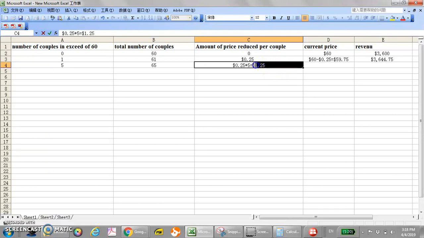This number means every couple will get this amount of discount.